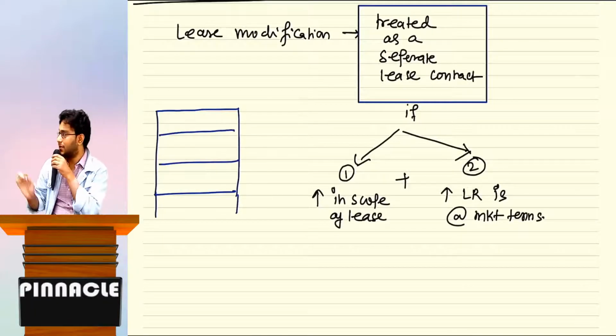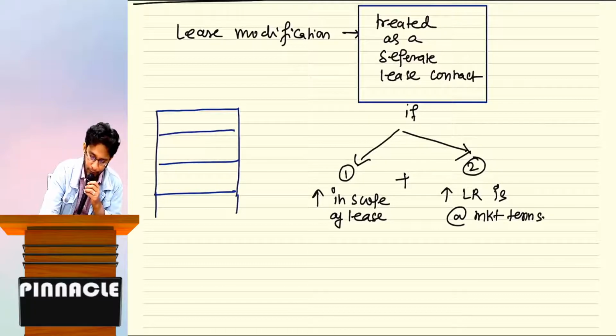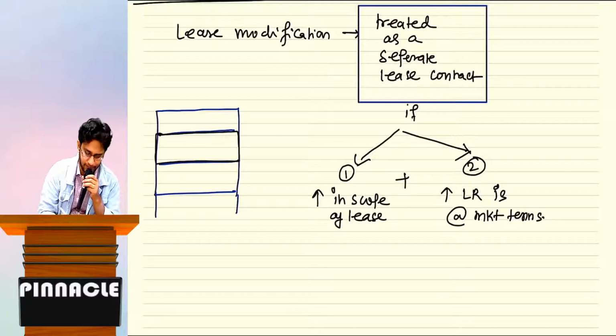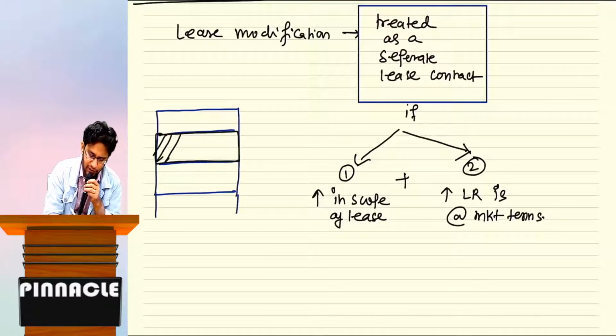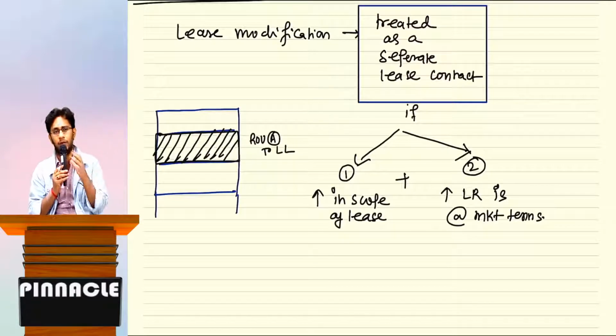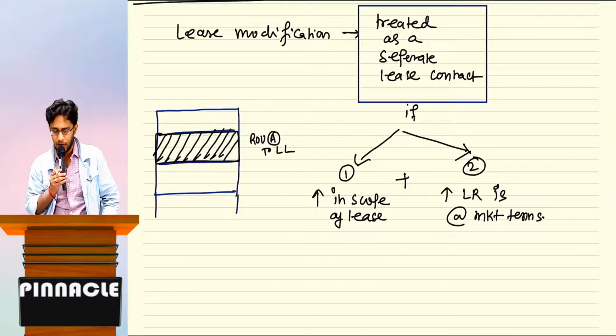So a building is there, sir. In this, 3 floors are there. I originally took the 2nd floor on lease. Since this is my original floor taken on lease, for this I am already doing ROU asset and lease liability accounting, life is going on.